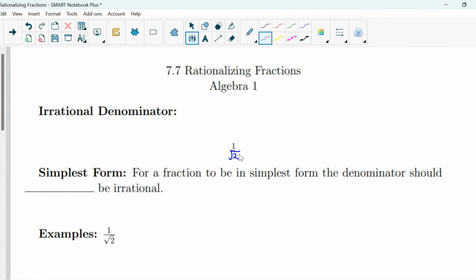So if I have the fraction 1 over the square root of 2, my 1 is obviously just my numerator, and my square root of 2 is my denominator. Okay? Obviously, you can tell that this denominator is irrational.